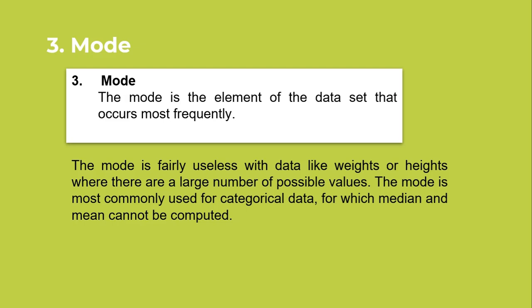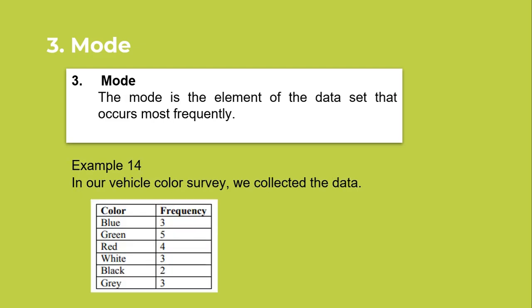The mode is fairly useless for measurements like weight and heights because it doesn't make sense to count any frequent number. It is commonly used for qualitative or categorical data, for which median and mean are also not appropriate to be used.